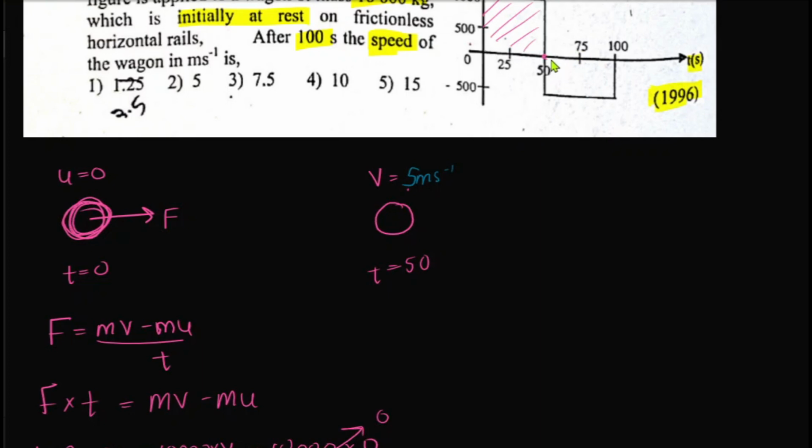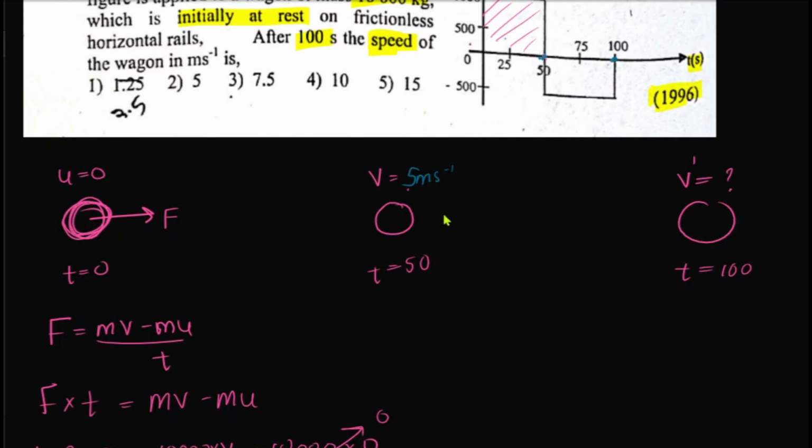Now we need to find the velocity at the 100th second. When t equals 100, we need to find the velocity v dash. What is this?